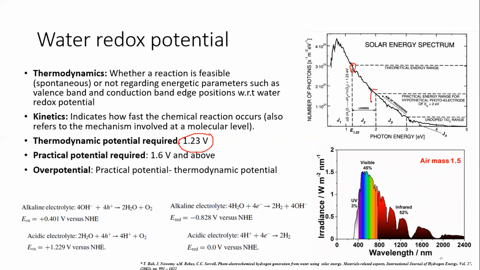Somewhere close to here, we need to choose a semiconductor so that it can efficiently drive this water redox reaction. The difference between this practically applied potential and the thermodynamic potential is referred to as overpotential. The extra potential that we apply in comparison to the thermodynamic potential is called overpotential, and that is considered a loss.